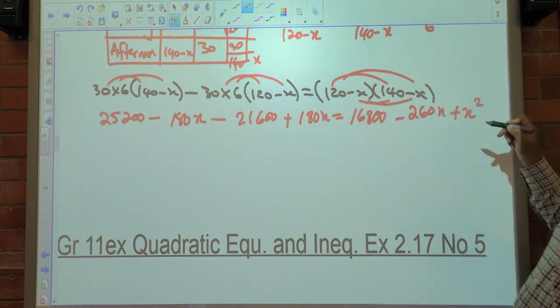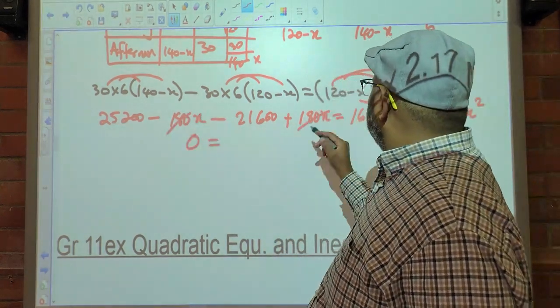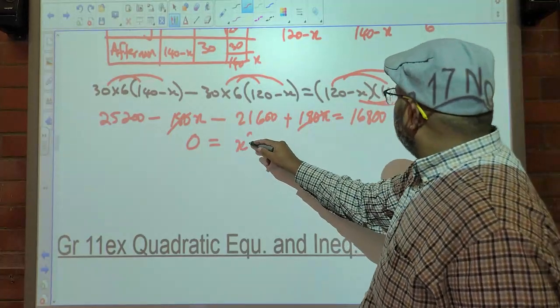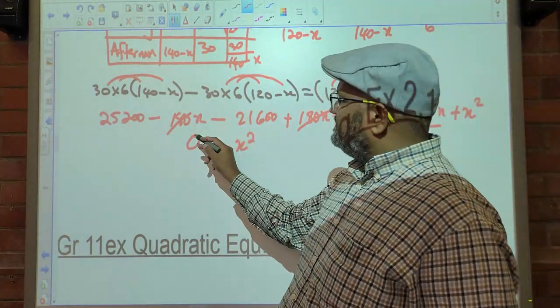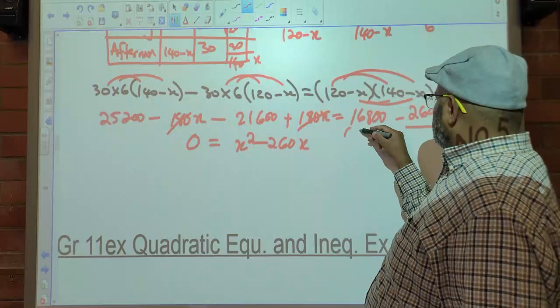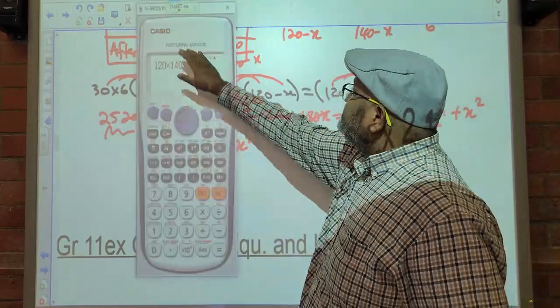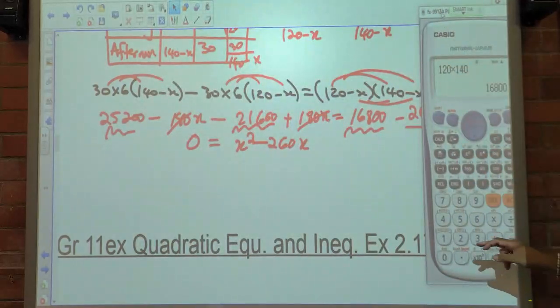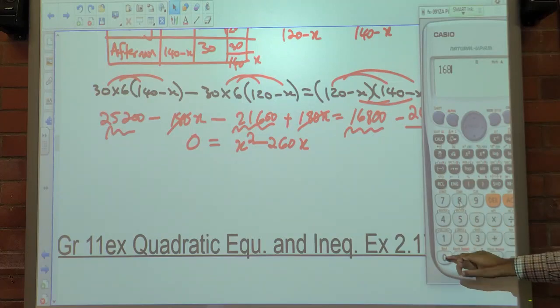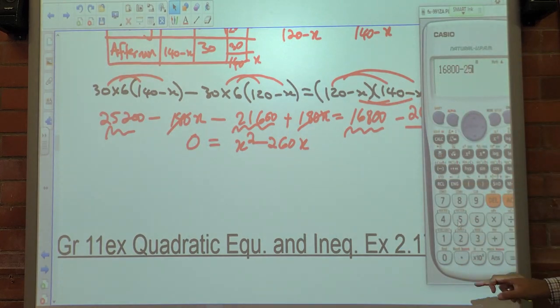So what we do is we tidy up a bit, we take everything to one side, that cancels that of course. So we got x squared, and the x on its own is negative 260x, and then the constant is negative 16,800 minus 25,200 plus 21,600.